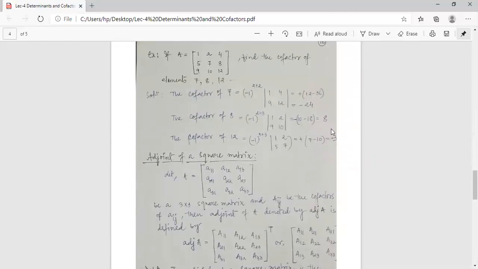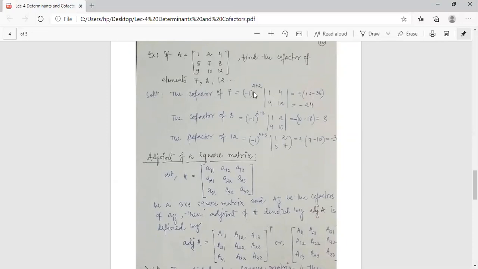Let us see. This is a given matrix, a square matrix of order 3. Now find the cofactor of the elements 7, 8, 12, and so on. The cofactor of 7 will be minus 1 to the power i plus j. Here its position is i is 2, j is 2, A22.